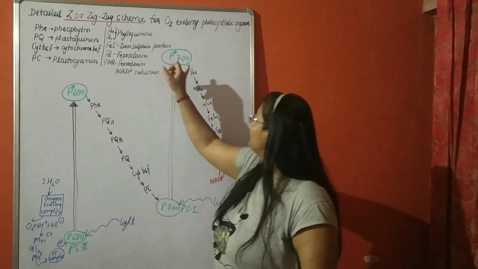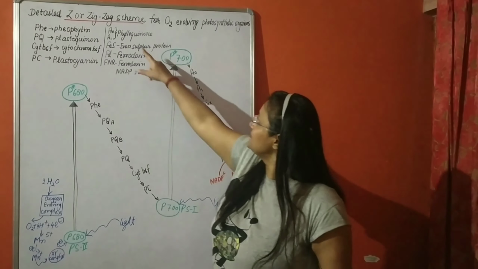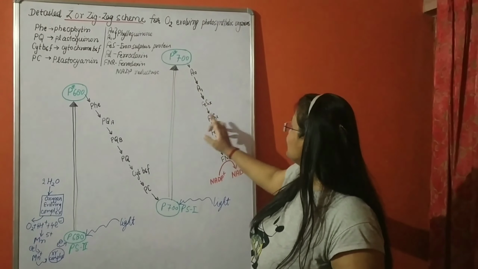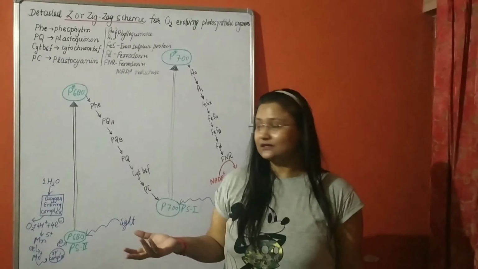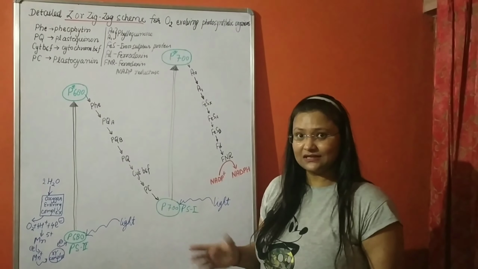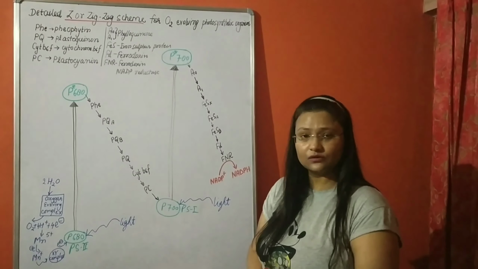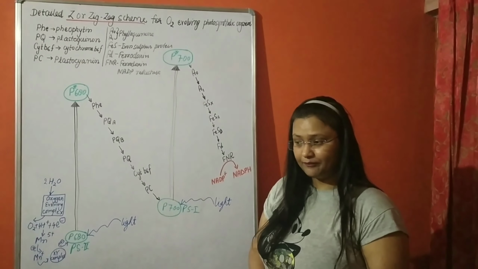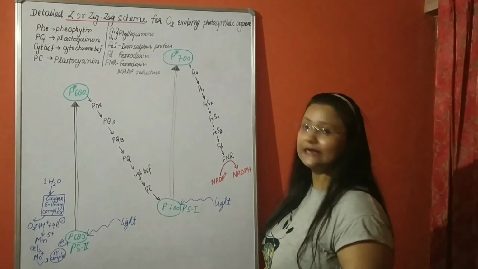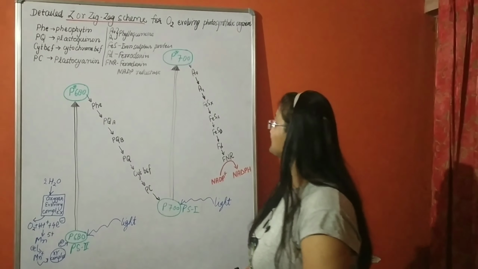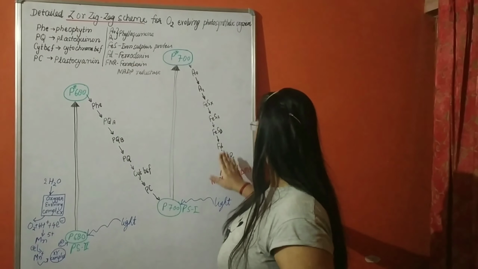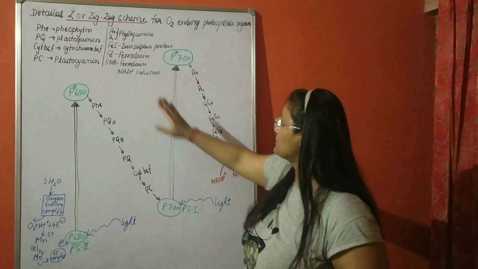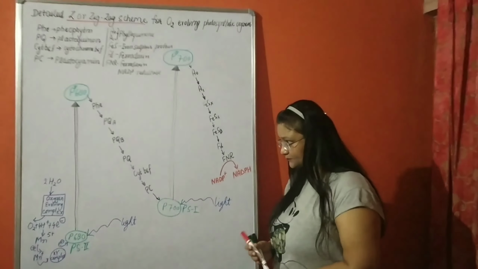A1 is phylloquinone, FeS is the iron sulfur center. I'm not making diagrams of these components because it is a factual thing, so you may check in the book or on the internet for a better understanding. Fd is ferredoxin and FNR is ferredoxin NADP reductase.